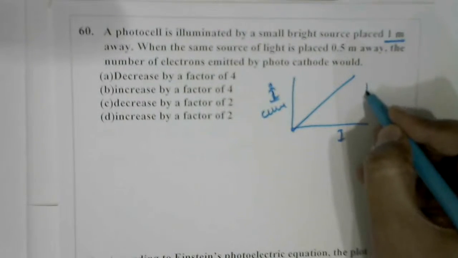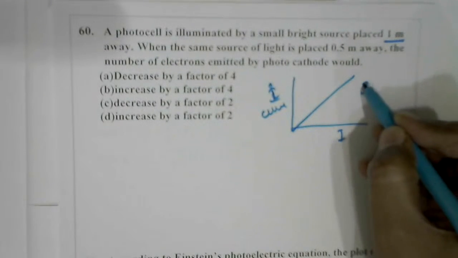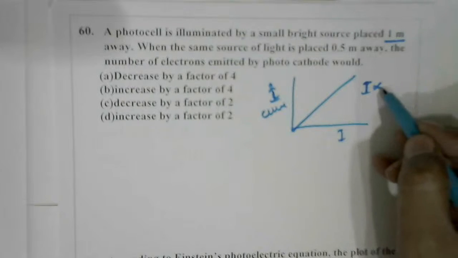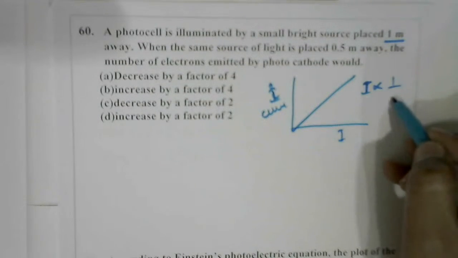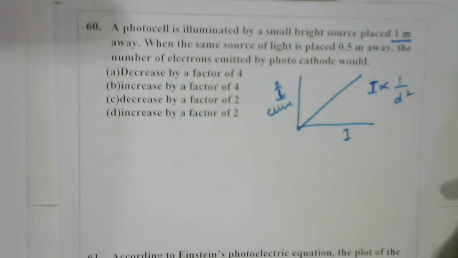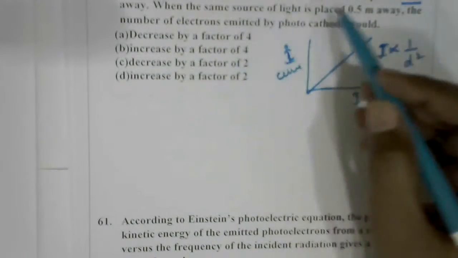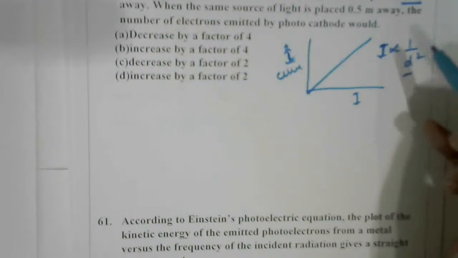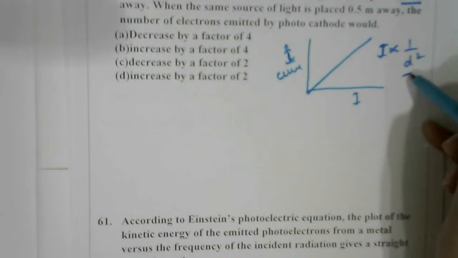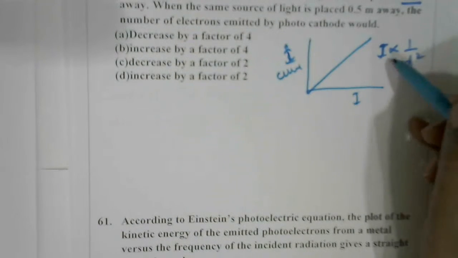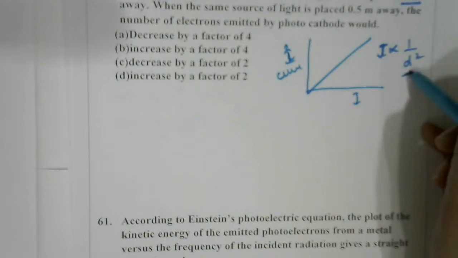The intensity is inversely proportional to the square of the distance. Because the question is in terms of distance variation, later you can think of current, if required. So intensity varies inversely as the square of distance.